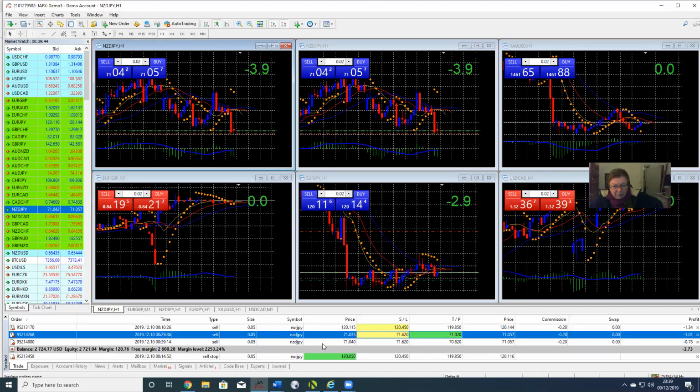So we've now got 4 trades running. Interestingly, it dropped quite quickly on the NZD. Gives you the time here. But I think my timestamp, I always find it a bit different from the times that I'm actually in. But anyway, that's the principle of it.